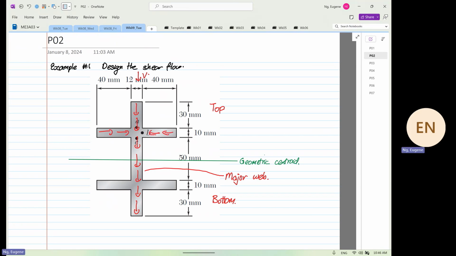So any flange above the major web, these are the flanges, the shear flow will go in. Any flange below the major web, the shear flow will go out.